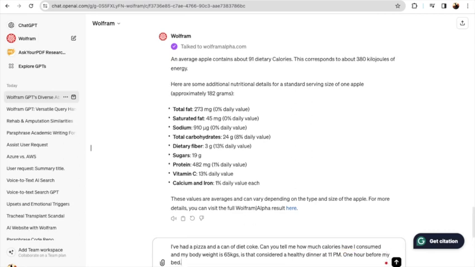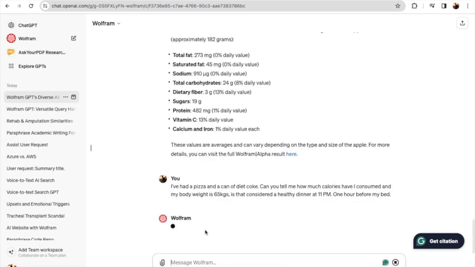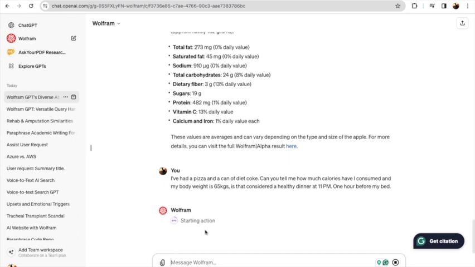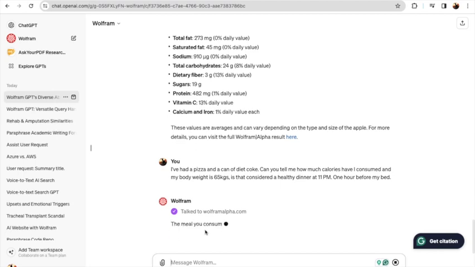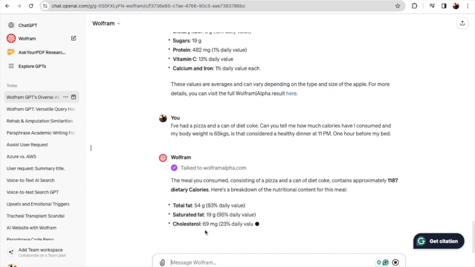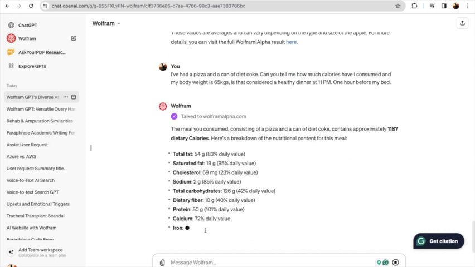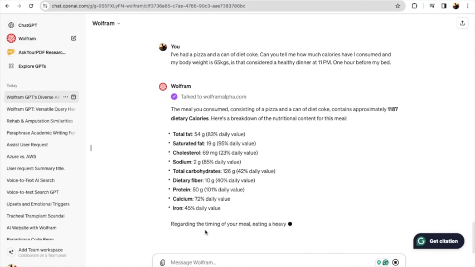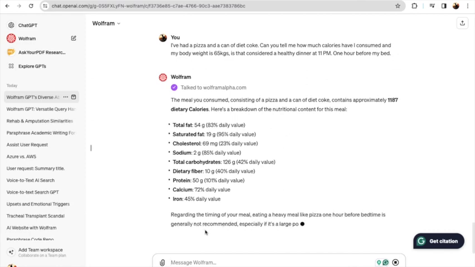Okay, and I'm pretty sure that's the most unhealthy way of eating and sleeping, but let's see what Wolfram has to say. 1,107 total fat. Okay. Oof. Cool.